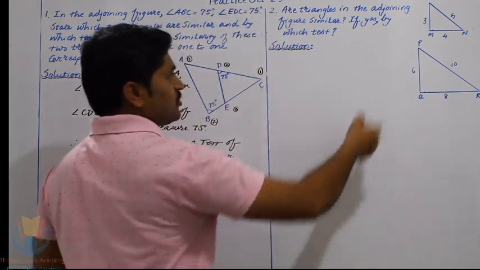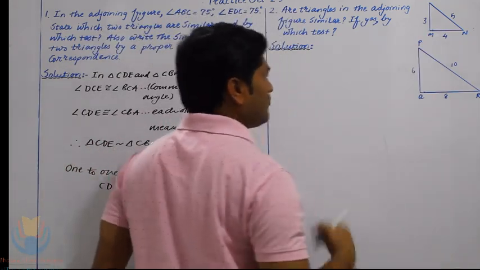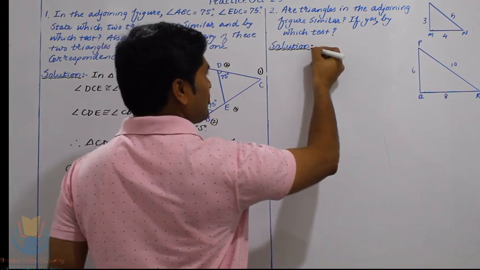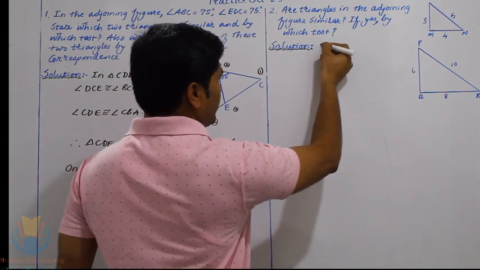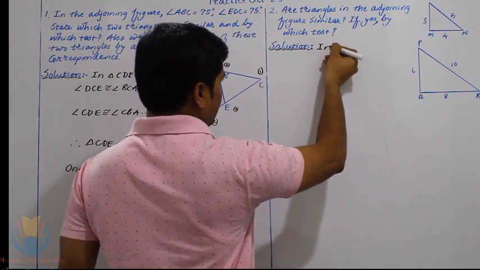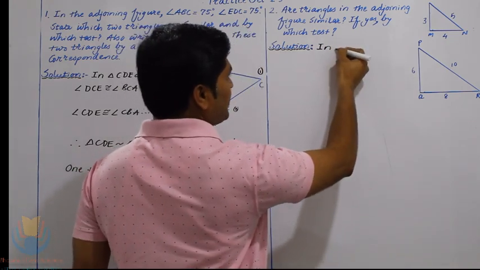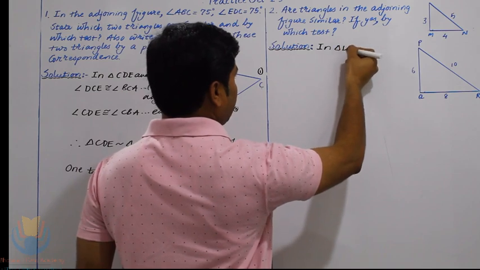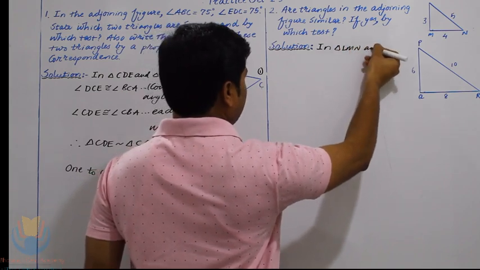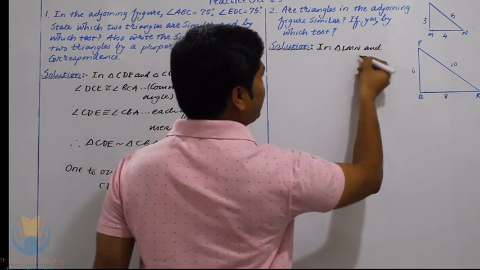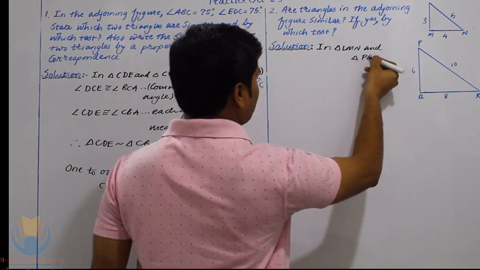Here we have to check whether those two triangles are similar or not. For that we will use the side test of similarity. So for that we will take the ratio of the corresponding sides of those two triangles. So here we will write in triangle LMN, and the second triangle is PQR.